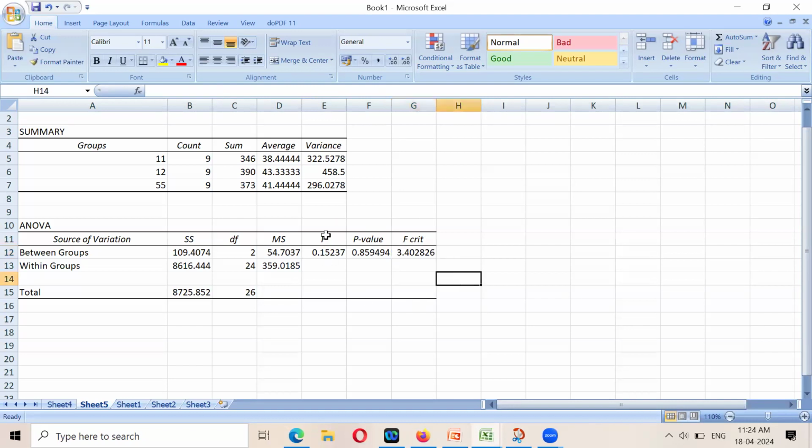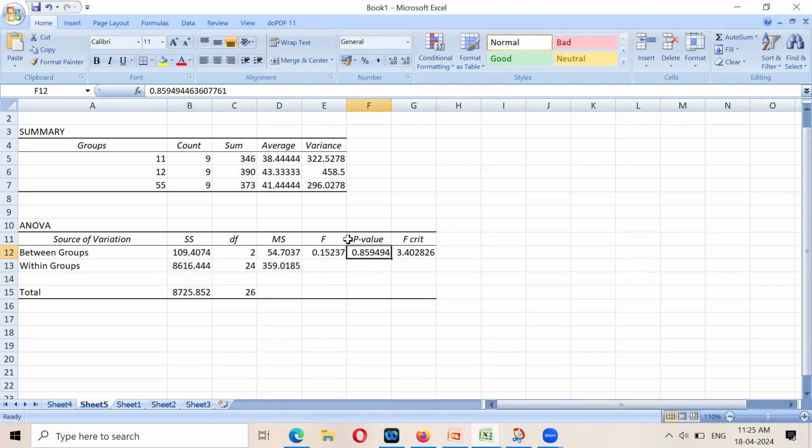So suppose your F value is greater than the F critical value, in that case also the null hypothesis is rejected. But here it is not greater. Here the P value is also greater than 0.5.